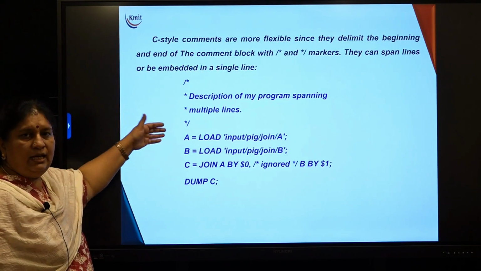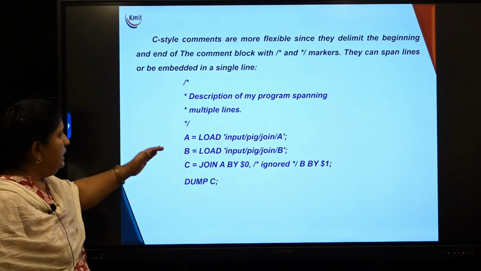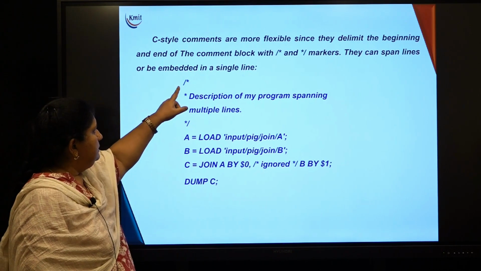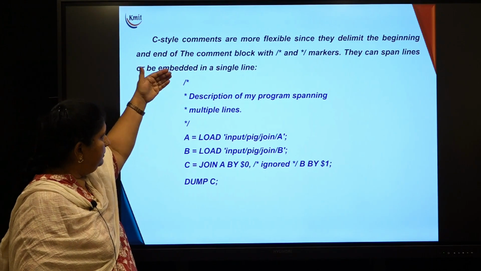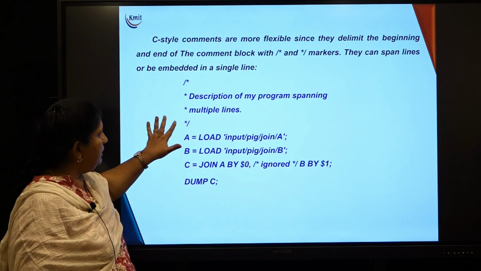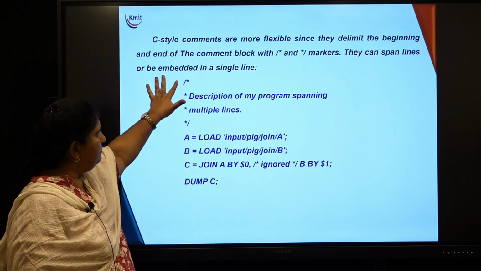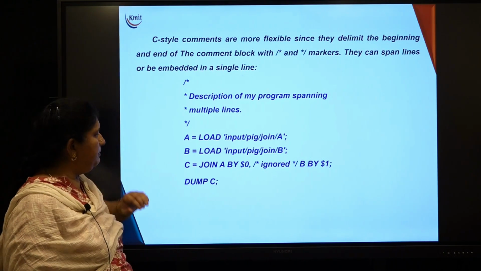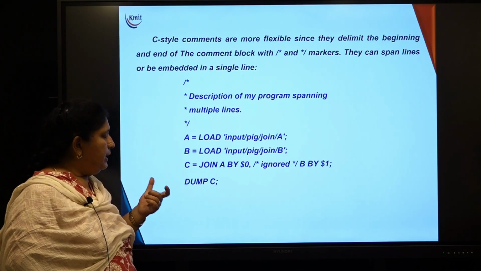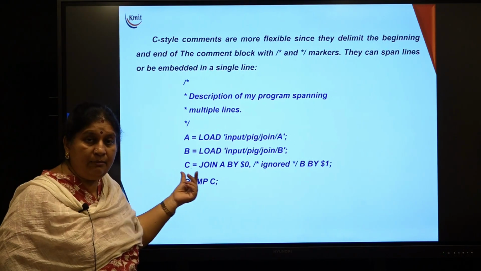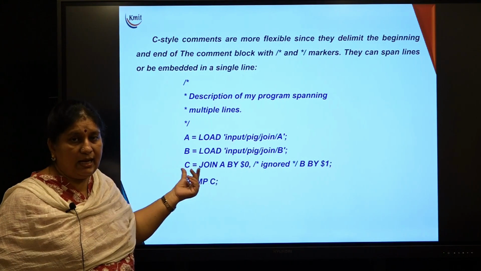Then C style block commenting is also available. If you see this example, slash star, I have begin and I have end here. Everything between these two combination characters will be treated as a comment, and also you can use that to comment in between one single line of command.